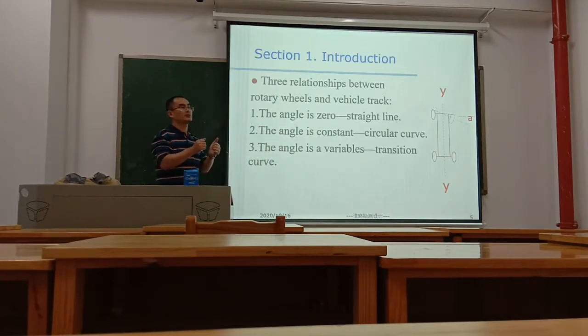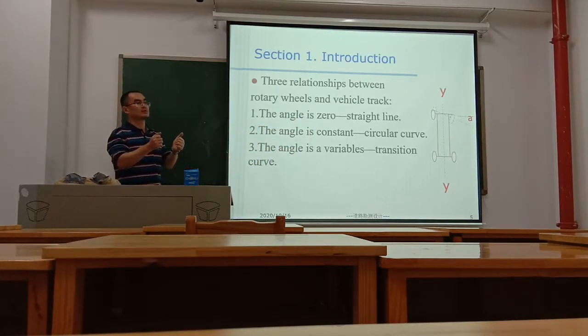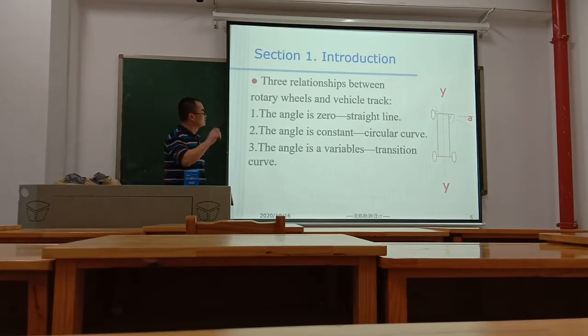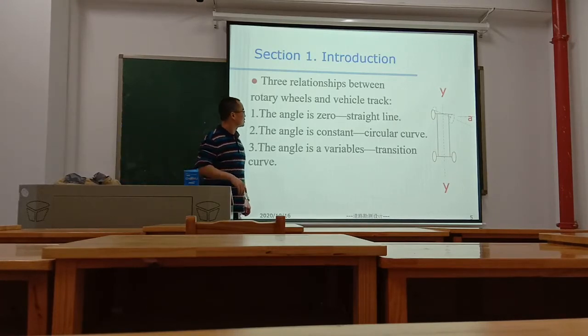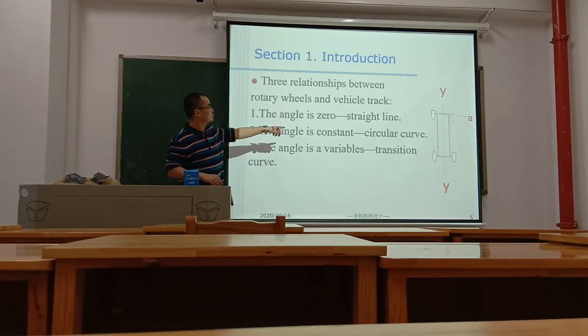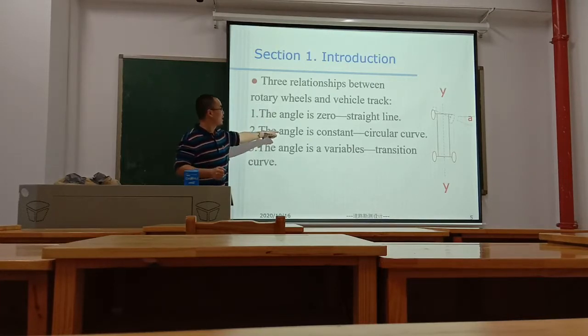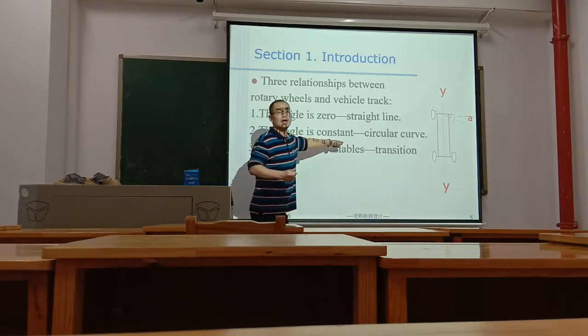You can keep the direction and the controller still. When you drive on the circular curve, you must rotate the rotator wheels with a constant angle.